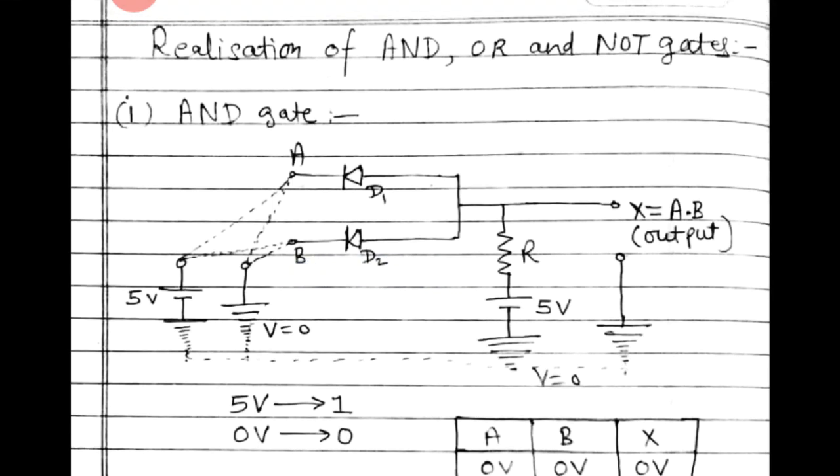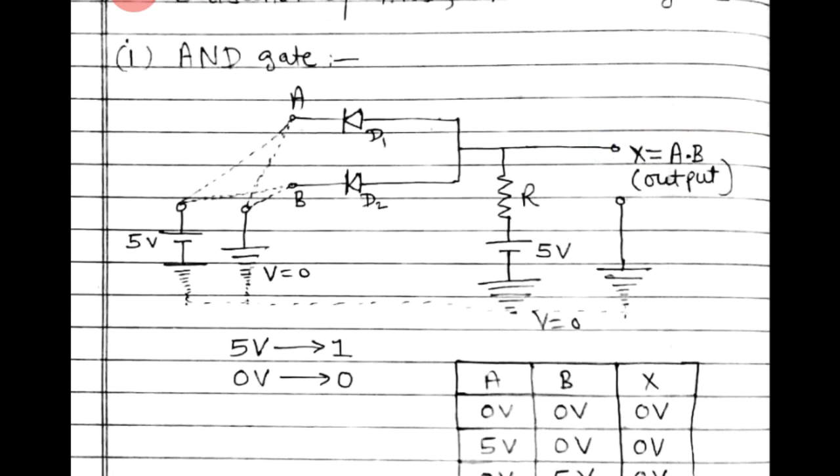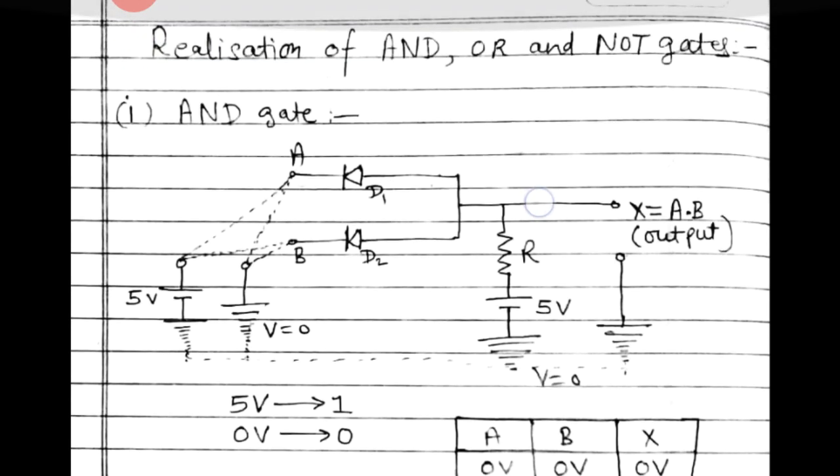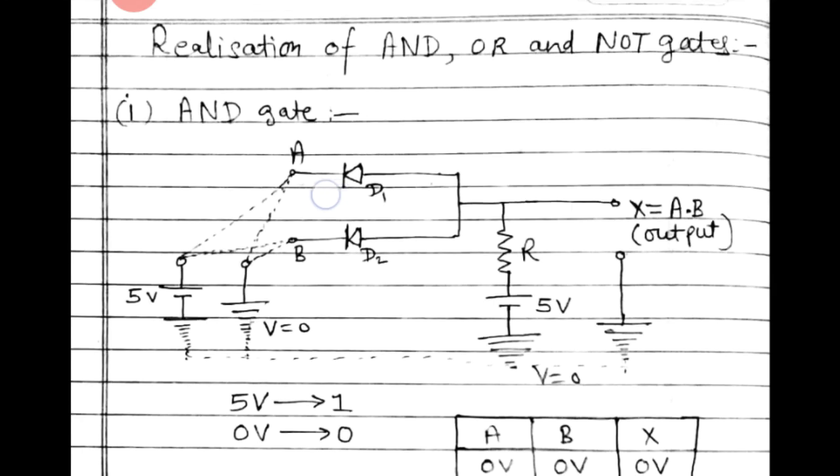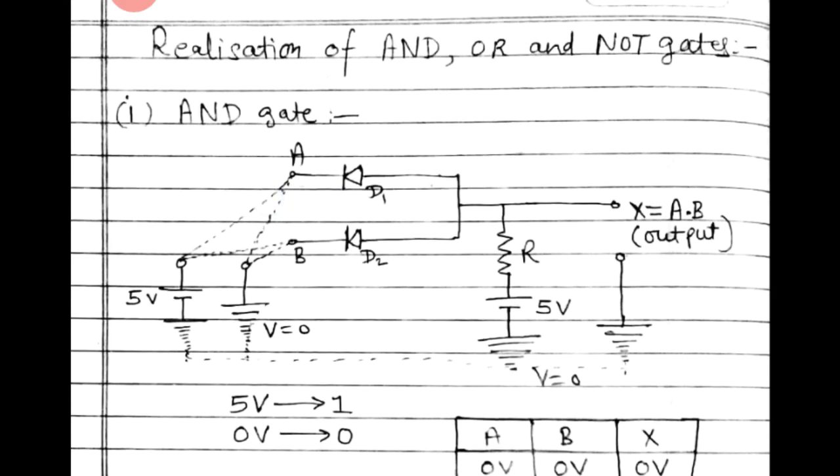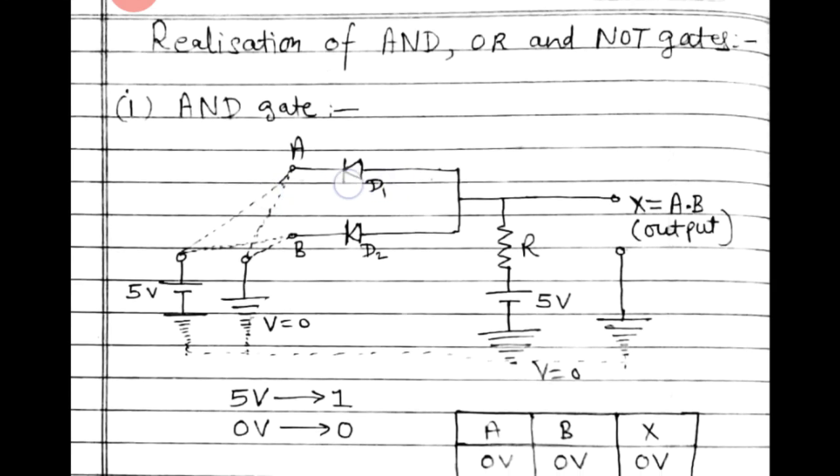It means there will be a potential drop of 5 volt at resistance R. So the voltage of this point will be 0, and output also will be 0 here. We say this because this point is at 0 volt and point A is at 5 volt, so definitely D1 will be in reverse bias, and there will be no flow of current through D1.